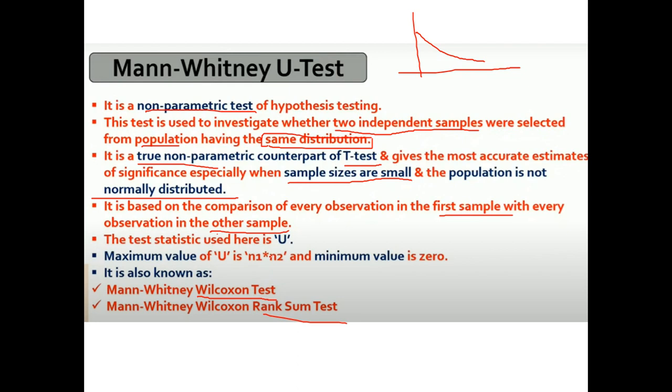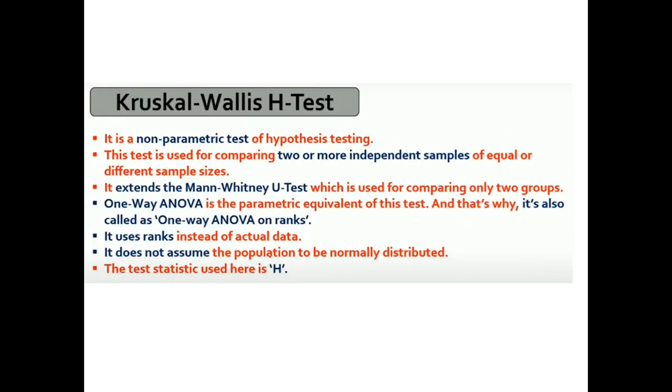So let's remember we have this Mann-Whitney, and now one more is the Kruskal-Wallis H test. In that we are comparing two or more independent samples, which can have different sample sizes.